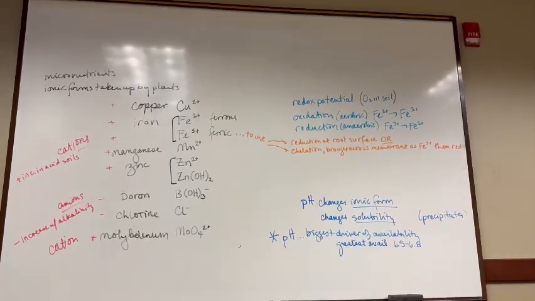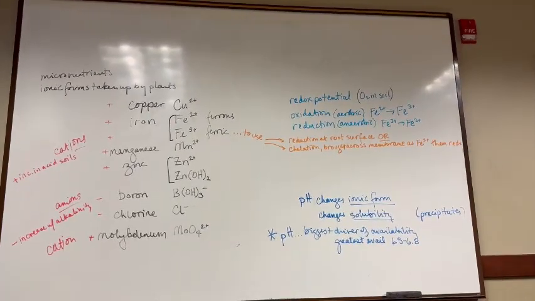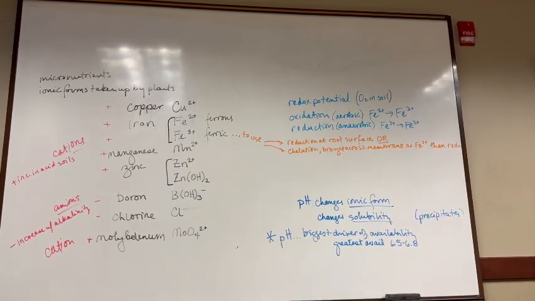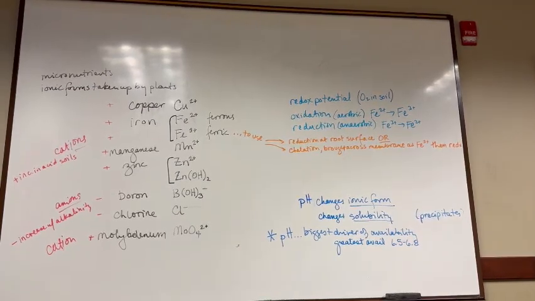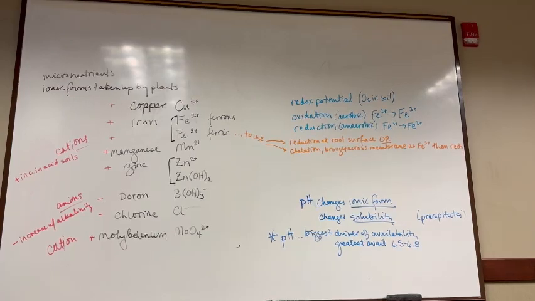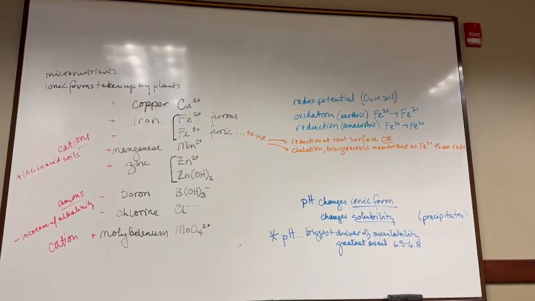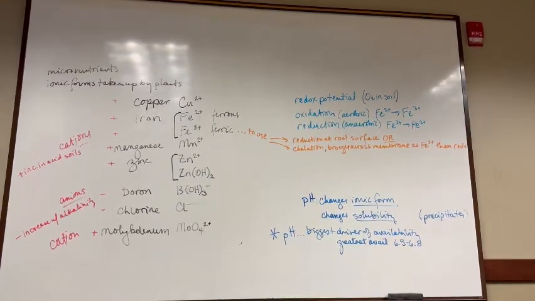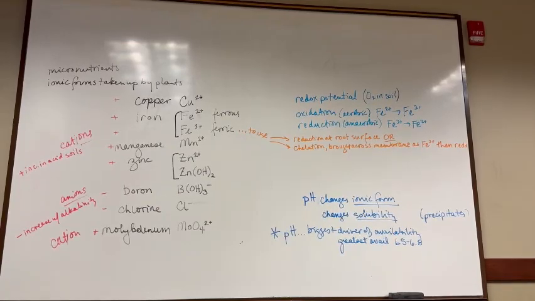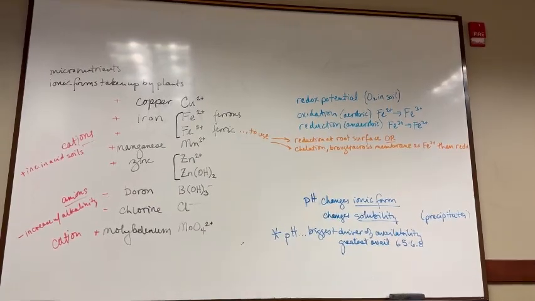In chelation, the ferric is chelated, so it's a ring that wraps around the nutrient so it can be brought across the membrane and into the cytoplasm, where the chelation is stripped off and the 3+ is reduced to a 2+.